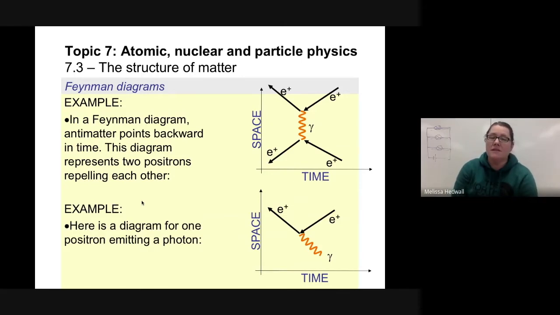The particle in this situation is traveling from up here, down, and then back up. The only thing that's different is that the arrow is pointing backward. The arrow pointing backward does not actually indicate direction, but it indicates that we have an antiparticle here. Goofy, I know. Super goofy.